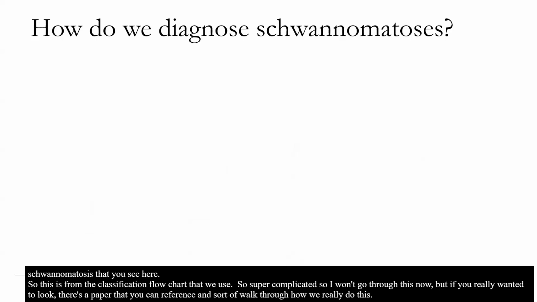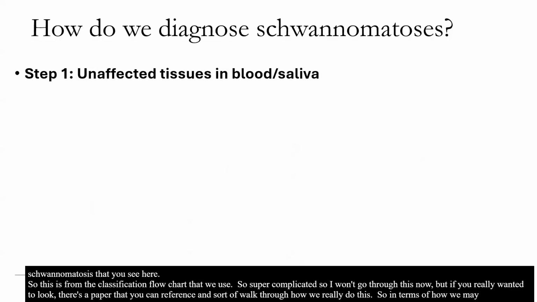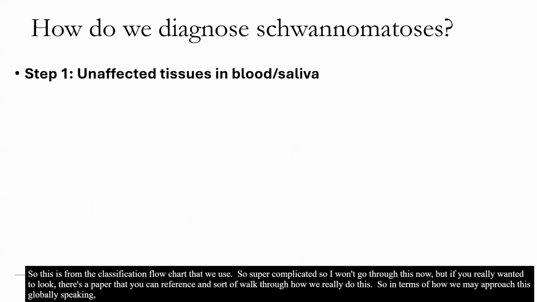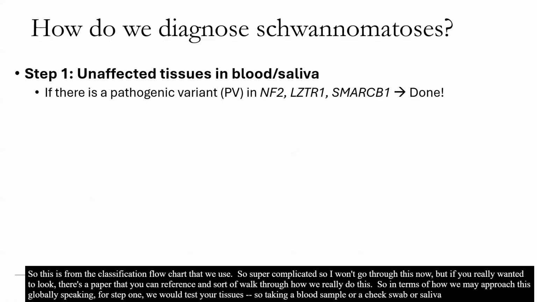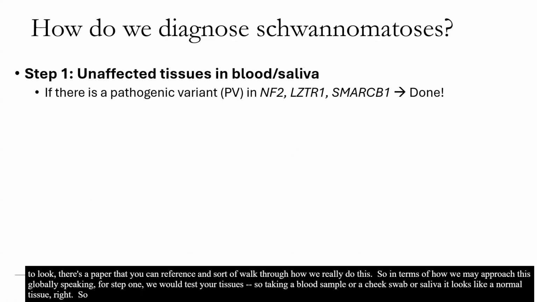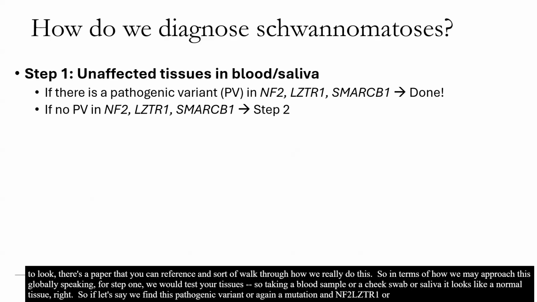So, in terms of how we may approach this, globally speaking, for step one, we would test your tissues, so taking a blood sample or a cheek swab or saliva. That is not a tumor; it's what looks like a normal tissue. If we find a pathogenic variant, or again, a mutation in NF2, LZTR1, or SMARCB1, we're pretty much done at that point, and we can say that you do have that condition.